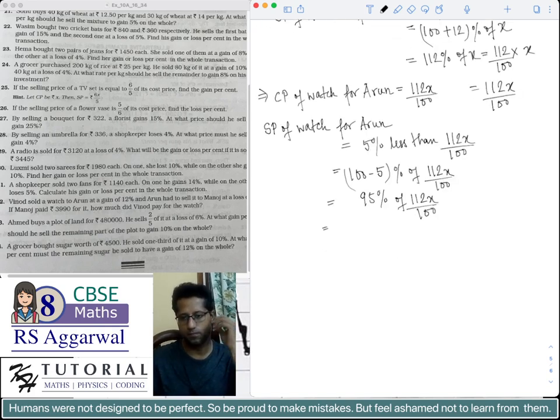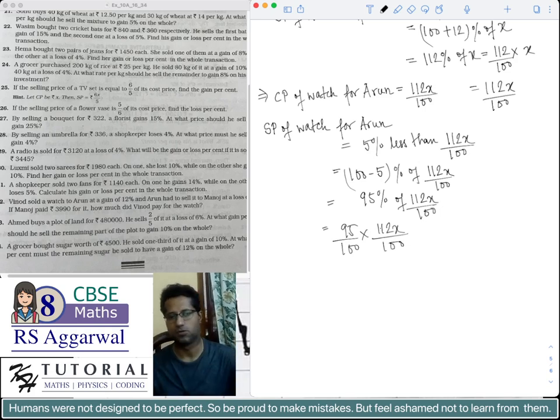This is equal to 95 by 100 multiplied by 112x by 100. So this is the price at which Arun sold the watch to Manoj.